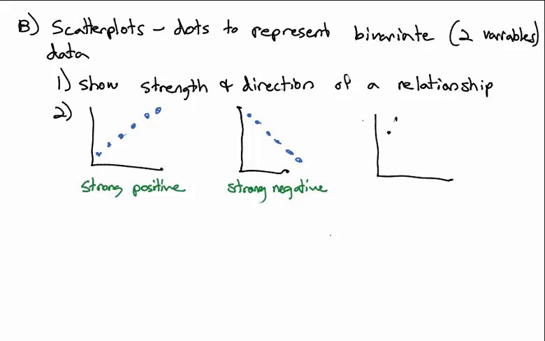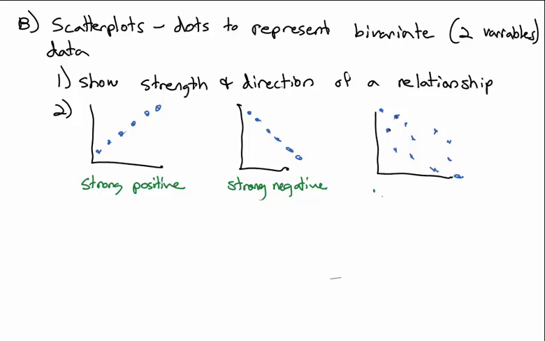And relationships usually aren't strong. Sometimes they're a little weak. Let's say I've got this data here. It's definitely spread out, but it's definitely going downhill. So it's negative, but it's kind of a weak negative correlation. Yes, it's going downhill, but they're not really grouped together.